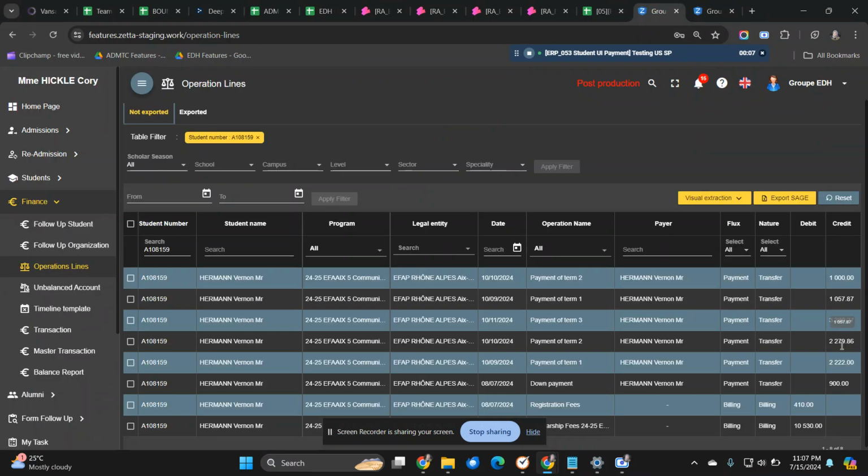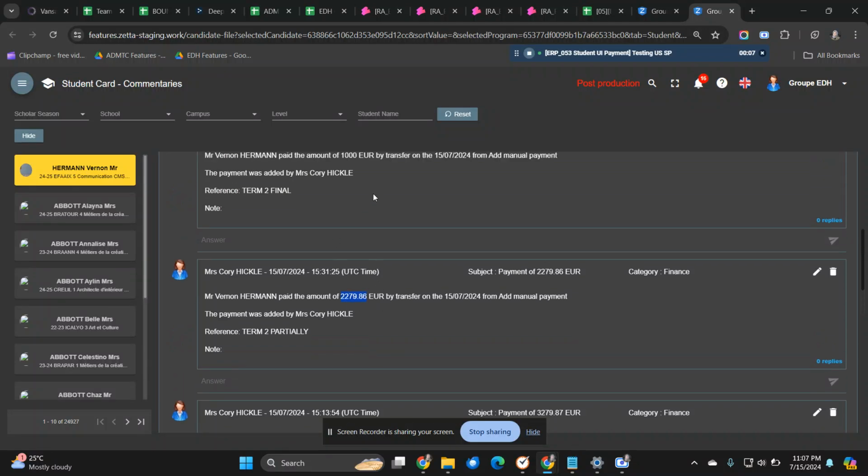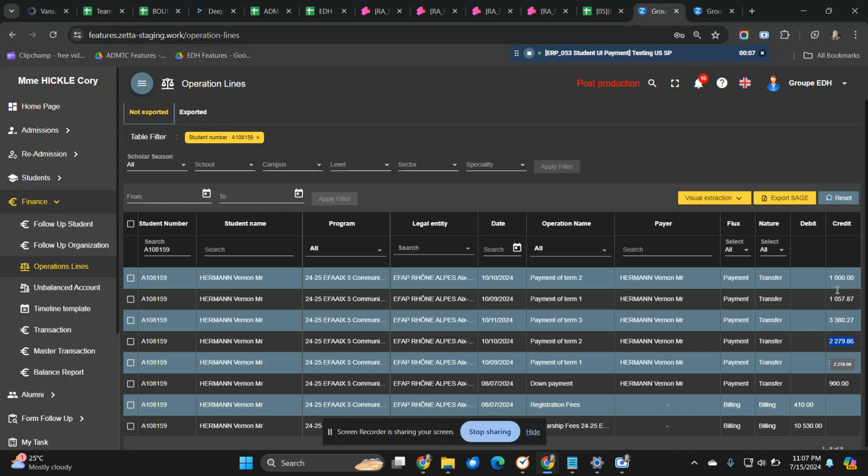Okay, also check here. It says recorded for the payment of term 2. This is recorded with what I paid, also partially paid, 2,279, and this is 1,000, and also recorded in here for the payment of term 2 and payment of term 2 as partially 100.